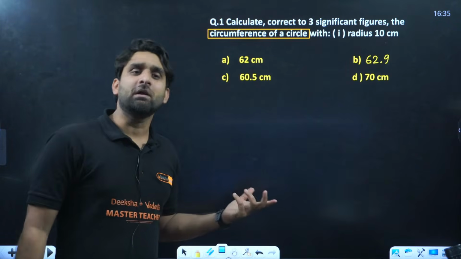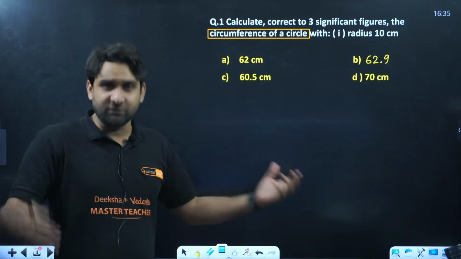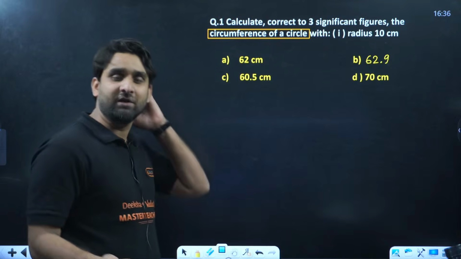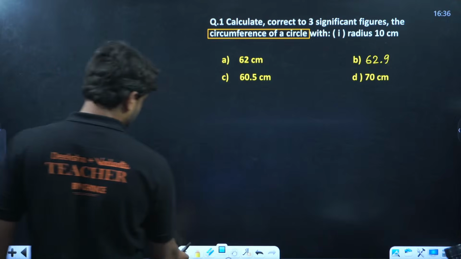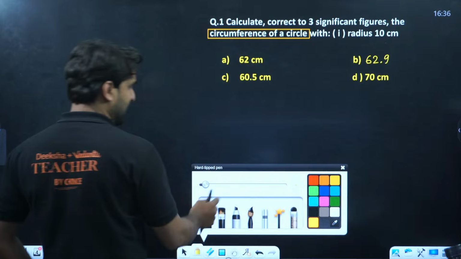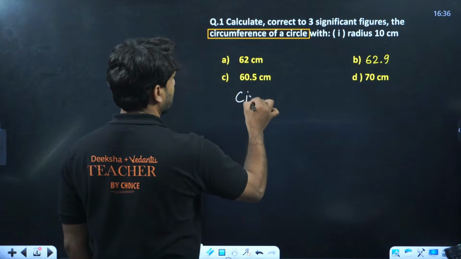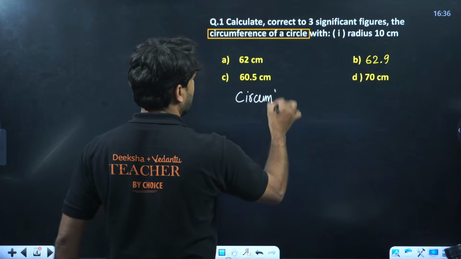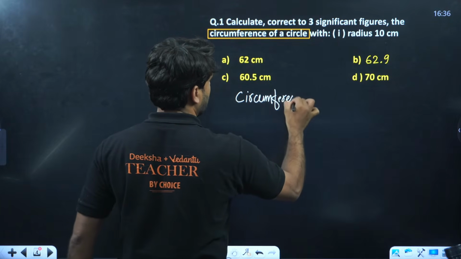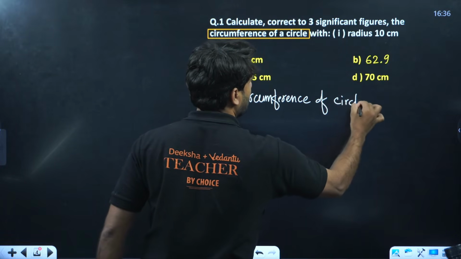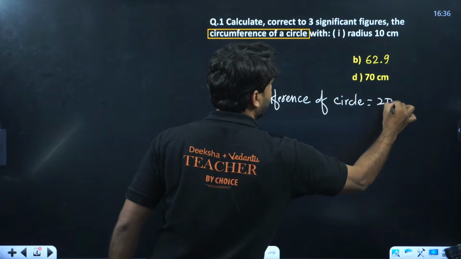So use the formula directly, because we know the formula for the circumference of any circle, which is 2 pi r. I hope you all know this formula.